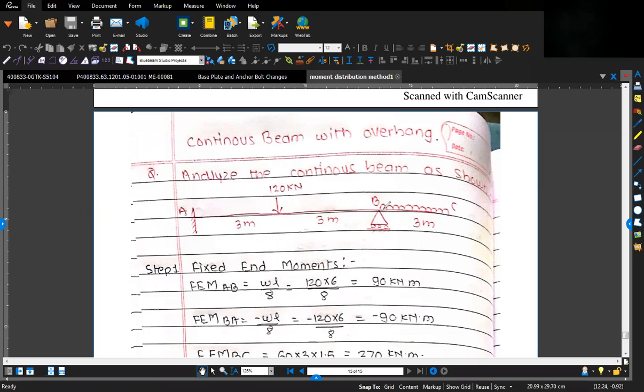Just consider this UDL is acting downwards. So this beam will deflect; there will be some downward deflection or sagging.